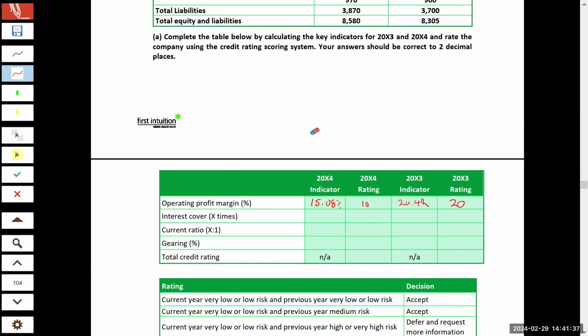Now, the next ratio I'm asked to discuss is the interest cover. Interest cover can plainly and simply be defined as our operating profits divided by our finance costs.